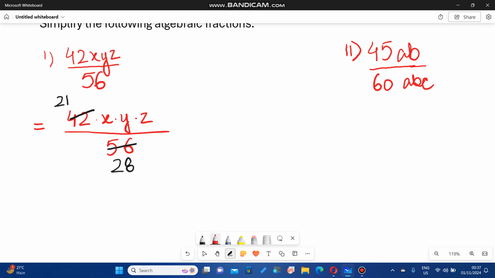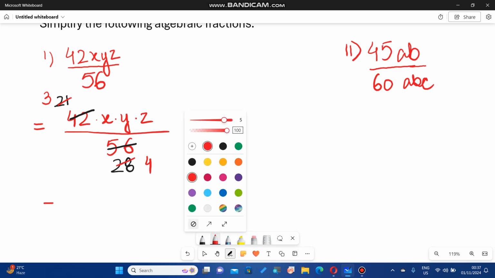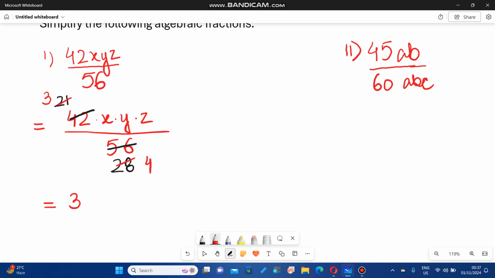We can have 7 times 4 equals 28 and 7 times 3 equals 21. What is the answer? We have 3 in the numerator, 3xyz divided by, we are left with 4.